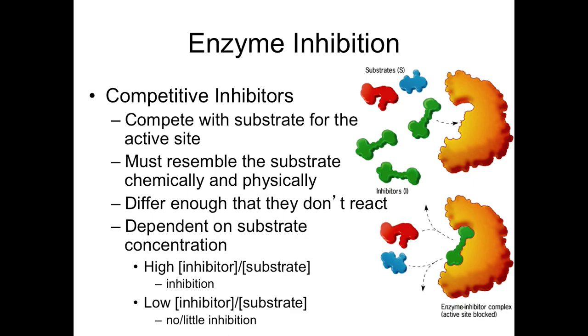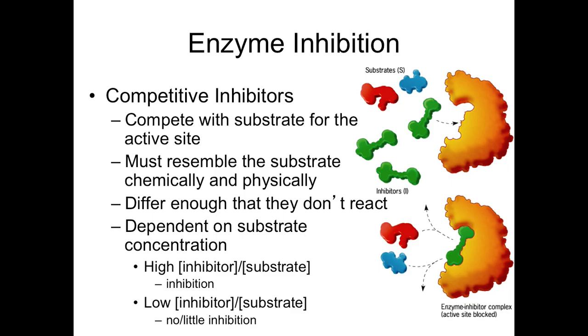So for your follow-up assignment, I would like you to look up the graphs of these enzymatic reactions with competitive inhibitors and non-competitive inhibitors and Vmax. It's in your book and it's on the internet.